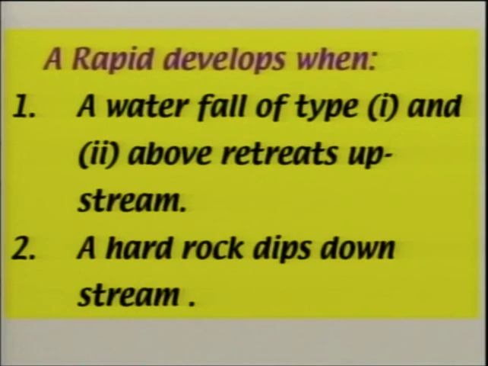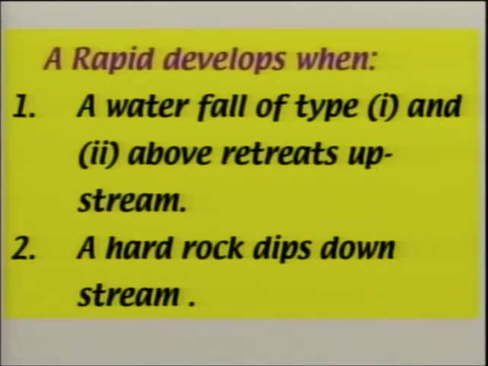For a rapid to develop, it tells us here that a rapid develops when a waterfall of type 1 and 2 retreats upstream. That is one way in which rapids can be formed. And the second way in which rapids can be formed is where a hard rock dips downstream.